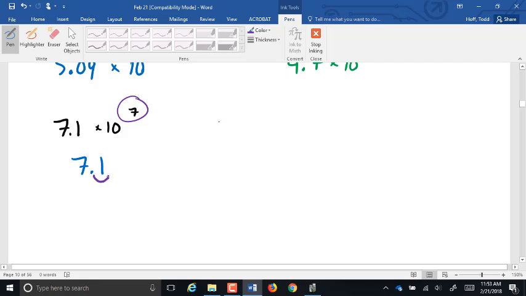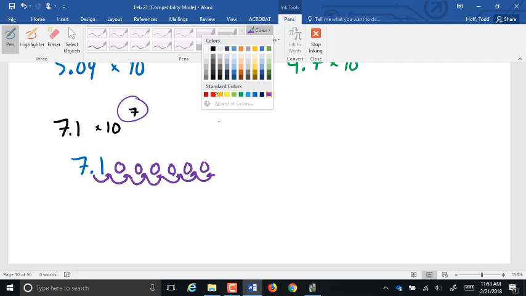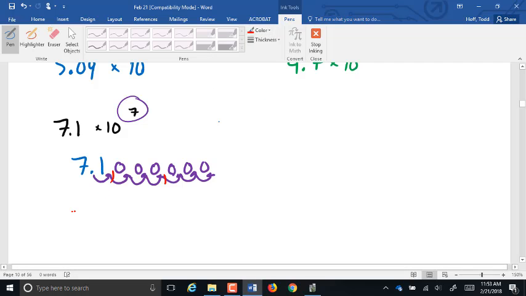We have to go 7 places. So we're going to have to add zeros. So there's 1, 2, add another 0, 3, 4, 5, 6, and 7. So that is 7.1 times 10 to the 7th is 71 million.